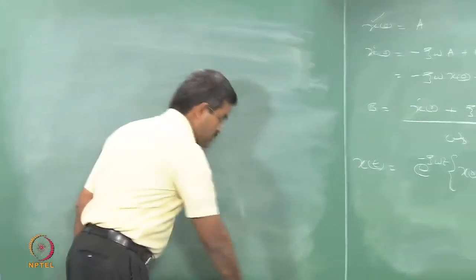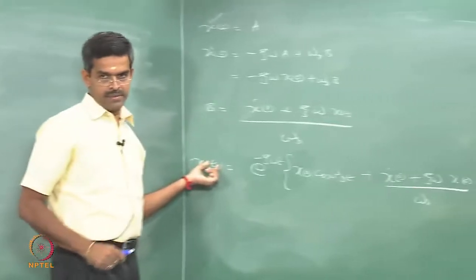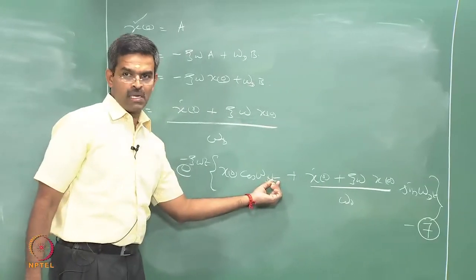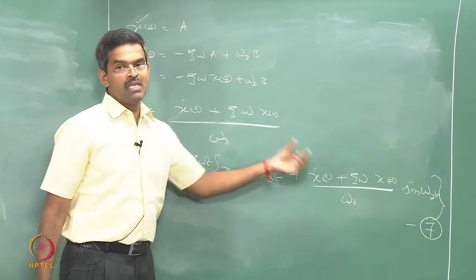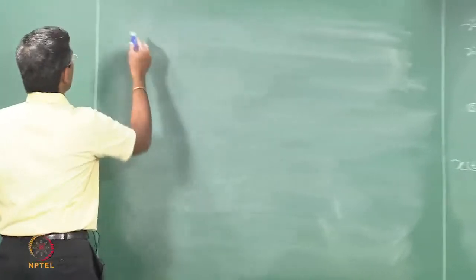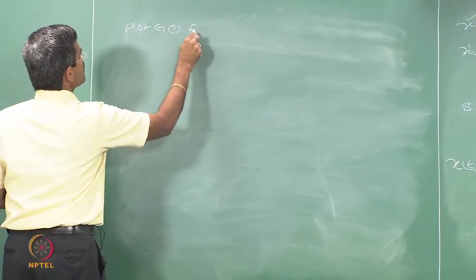I want to plot this. Now, the variable for plotting is only t. I must select the values of t intelligently in such a manner that this function can be easily recognizable and can be plotted. So, let us say I want to plot equation 7 for understanding.